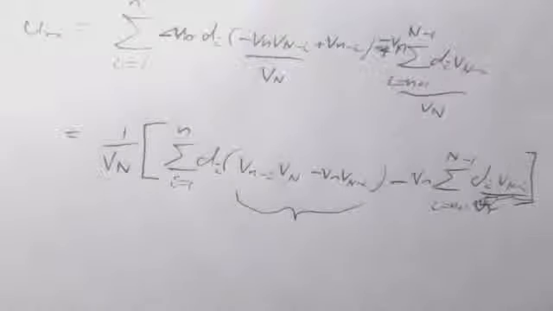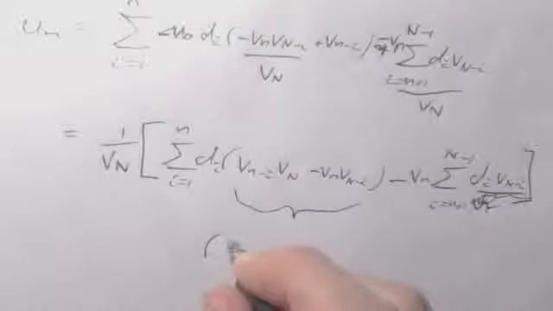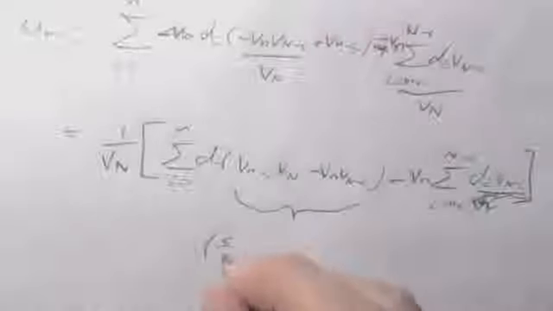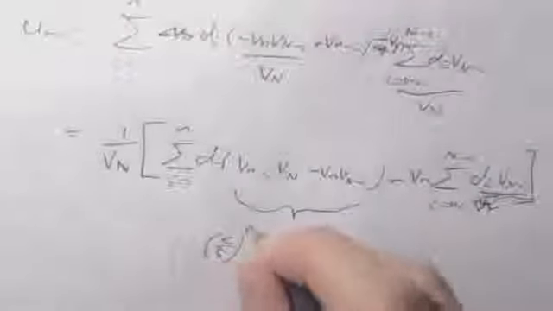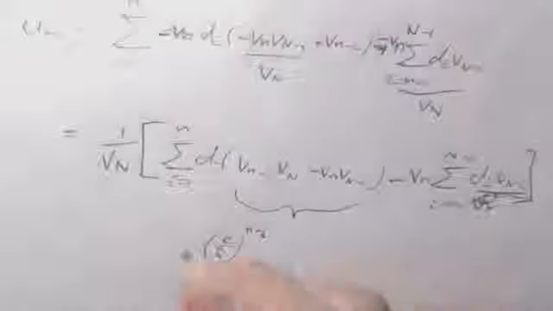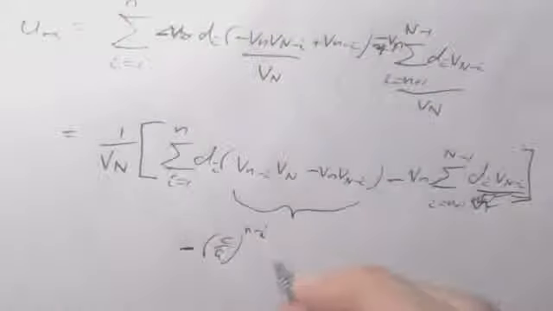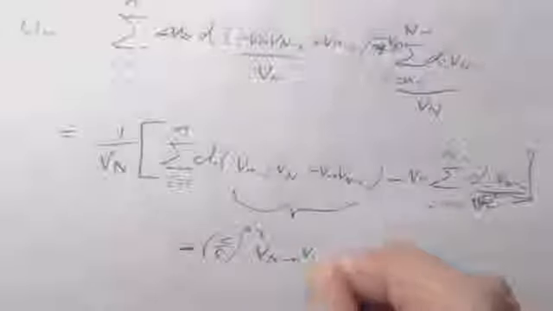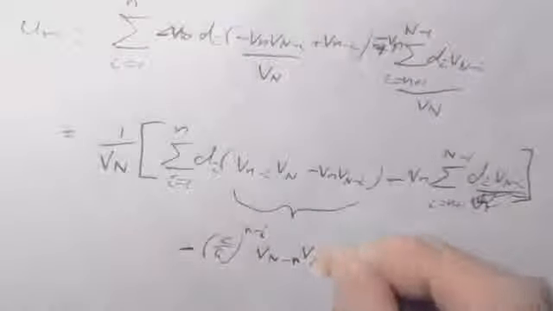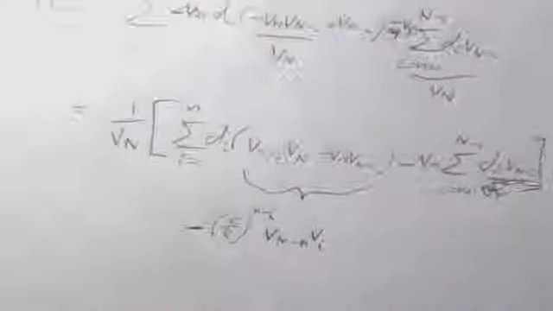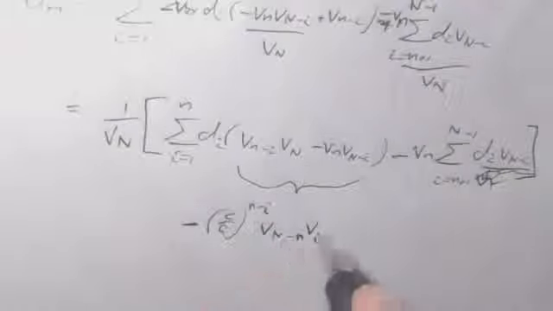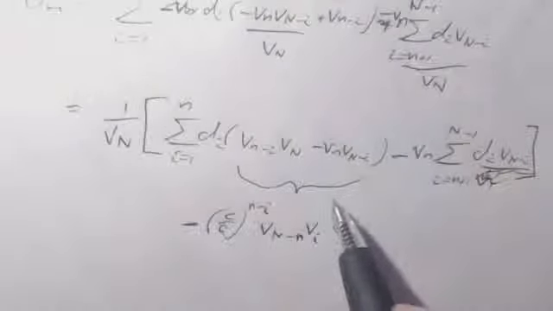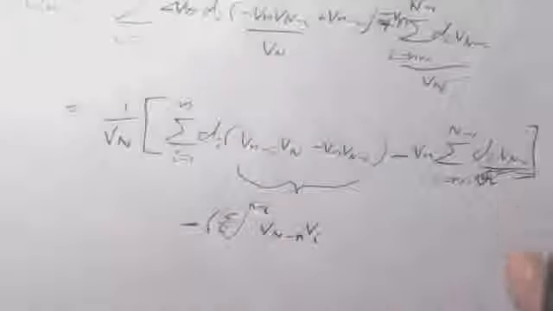It turns out that this term here is equal to (c divided by a) to the n minus i, that's negative of it, vn minus n vi. So I'll discuss this a little more shortly, but let's just take my word on it for now.